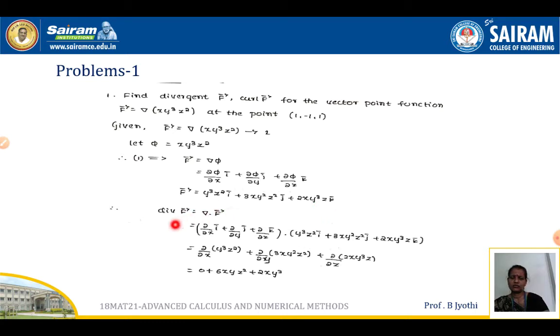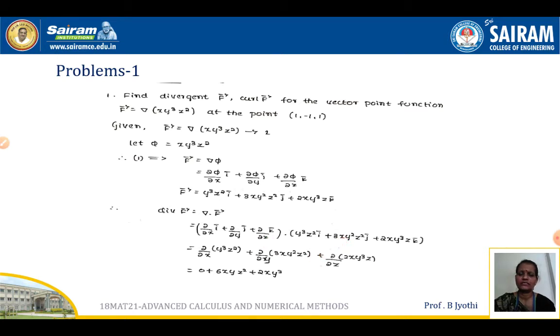Next, what is the divergence of f? The divergence of f is given by del dot f. The formula for del dot f is dou by dou x of i plus dou by dou y j plus dou by dou z k dotted with the components of f. So i dot i is 1, j dot j is also 1 and k dot k is 1.